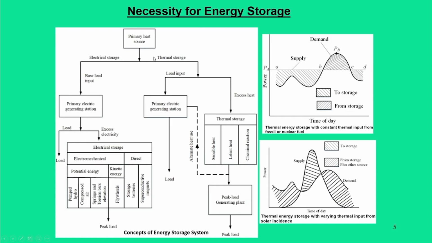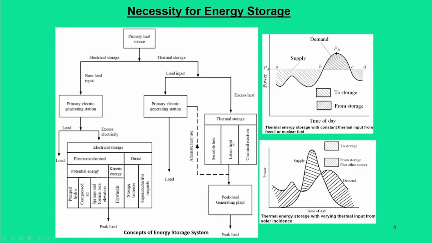Now, if you look at thermal storage based systems, the load inputs can also go directly to the power generating stations to provide the base load, and the excess heat can go to thermal storage. These storage options can be sensible heat storage, latent heat storage and chemical reaction storage.